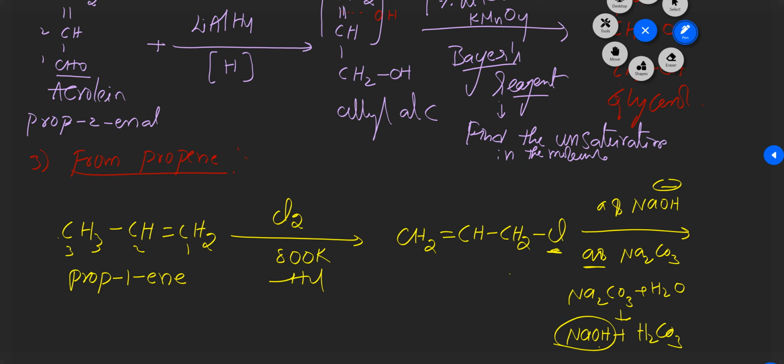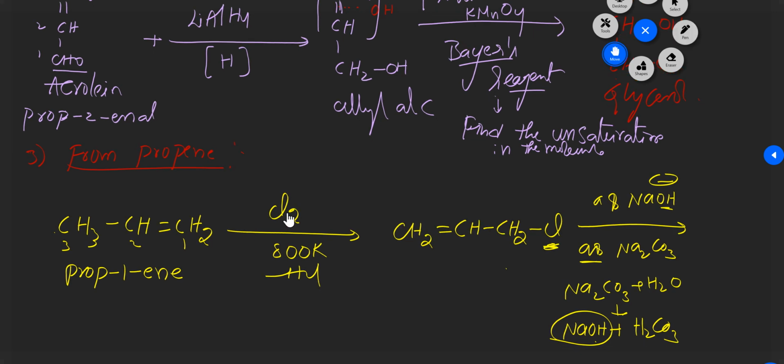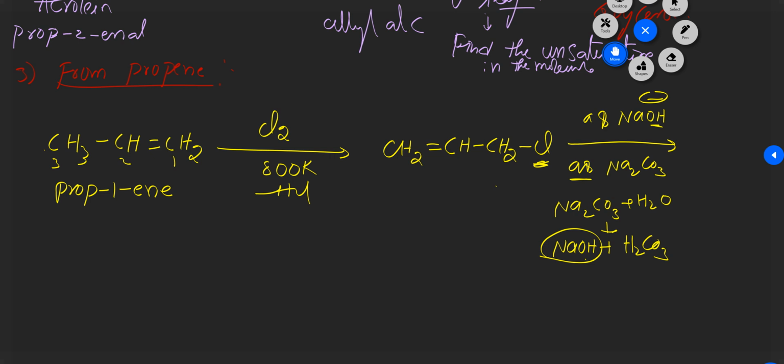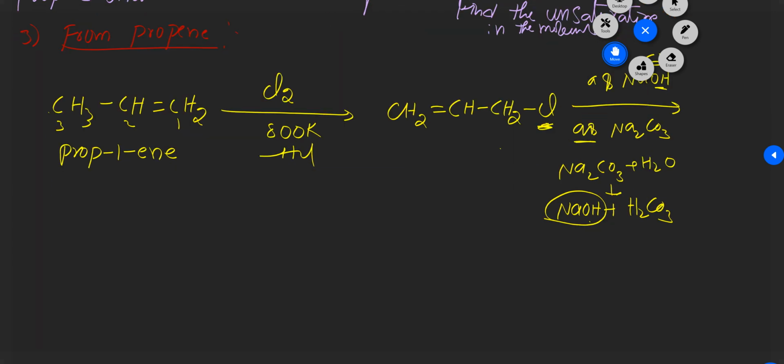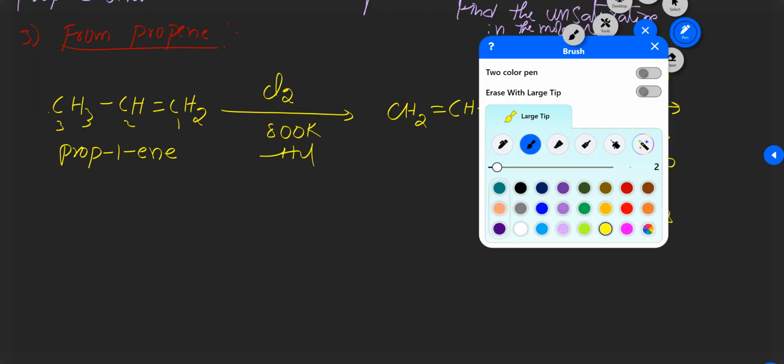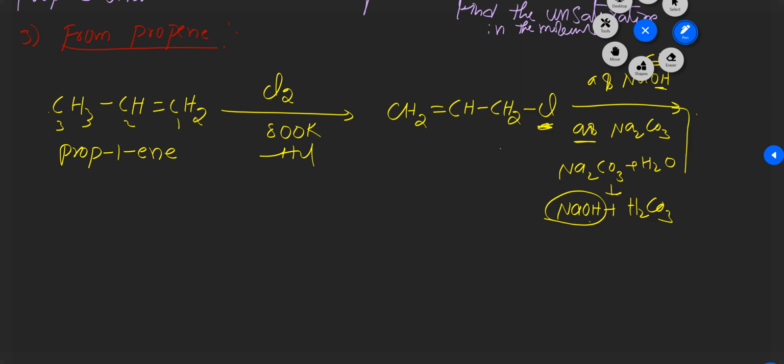The nucleophile coming from the base is going to replace the Cl. So in CH2 double bond CH and CH2, the place is occupied by OH.